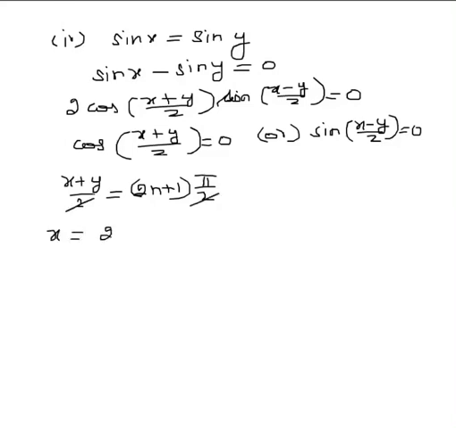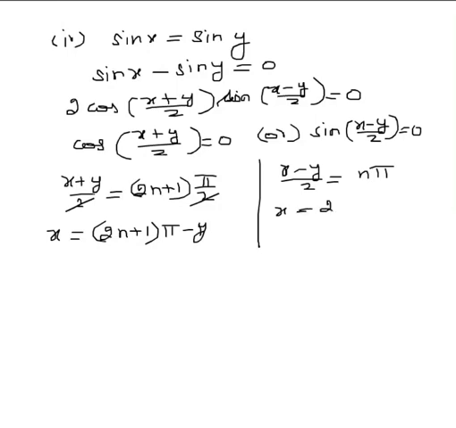Therefore, x is equal to (2n plus 1) into pi minus y. Let us solve the other. Sine of some angle is 0. That means that angle should be a multiple of pi. So x is equal to 2n pi plus y.